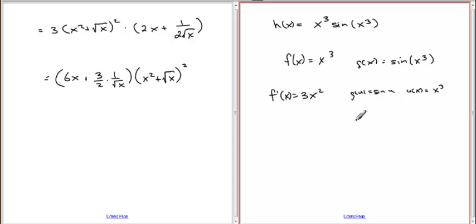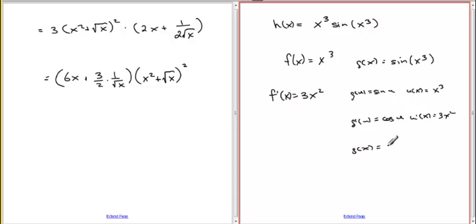And so you take the derivative of each one of those, this with respect to u. So the derivative of the sine of u is the cosine of u. U prime of x is going to be 3x squared. It's a polynomial. So notice I'm doing this separately. It's taking a little bit longer.